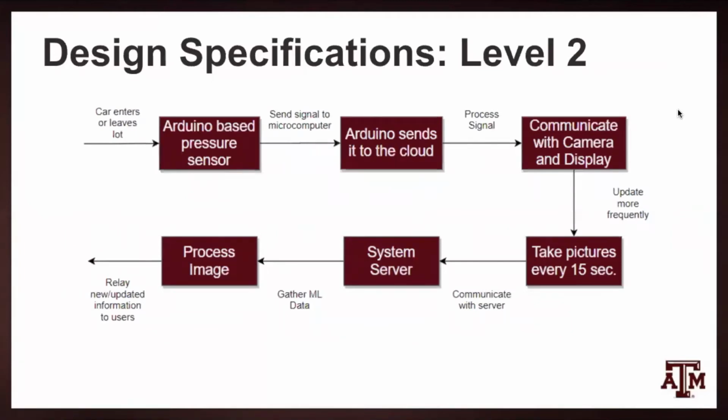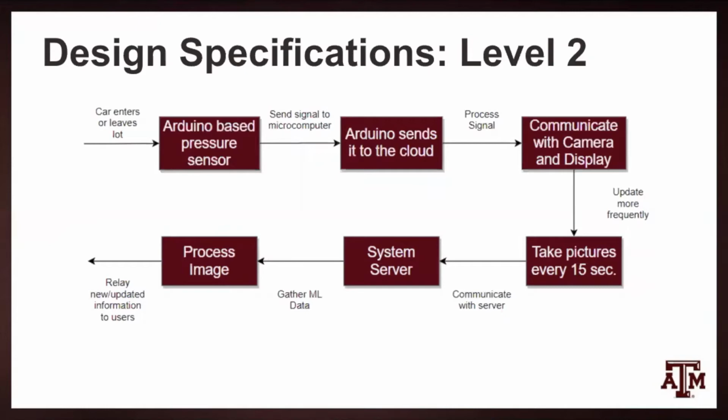In level 2, a car enters a lot, and this is an Arduino-based pressure sensor. It's a pneumatic sensor, so if you go through this, it detects a car and it'll send a signal to the Arduino, which then sends it to the server. And the image processing component comes in, and once it processes the signal, it will start taking pictures every 15 seconds.